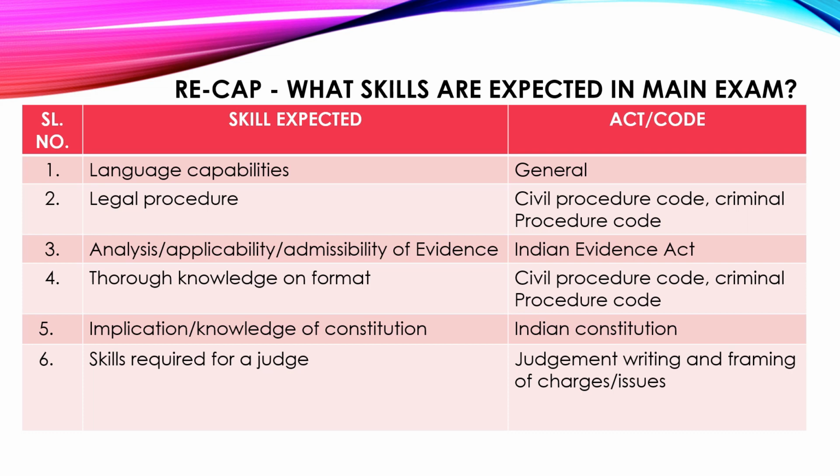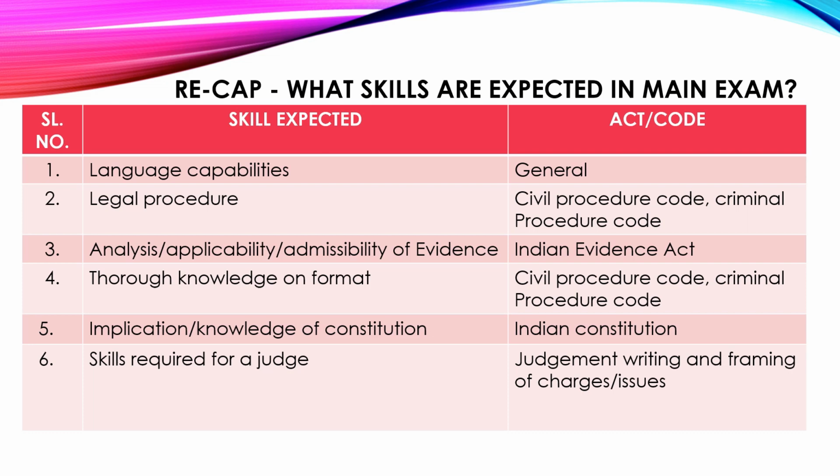And the greatest help we can get in all these aspects is from Indian Evidence Act. Indian Evidence Act is common to both civil and criminal procedure code. So a judge needs to know when he should apply this Indian Evidence Act and what is the weight or the importance of an evidence.